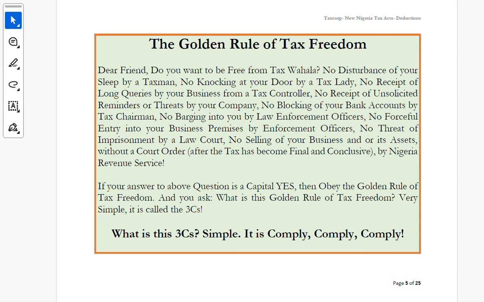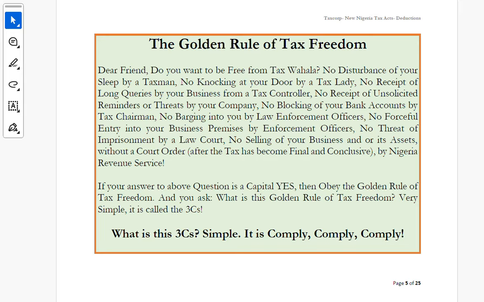So the question now, which some of you may have known, is what's the golden rule of tax freedom? Dear friend, do you want to be free from tax wahala? No disturbance of your sleep by a taxman? No knocking at your door by a tax lady? No receipt of long queries by your business from a tax controller? No receipt of unsolicited reminders or threats by your company?